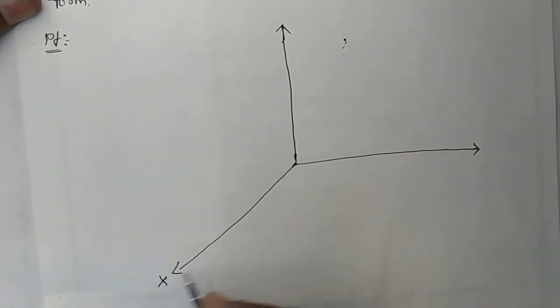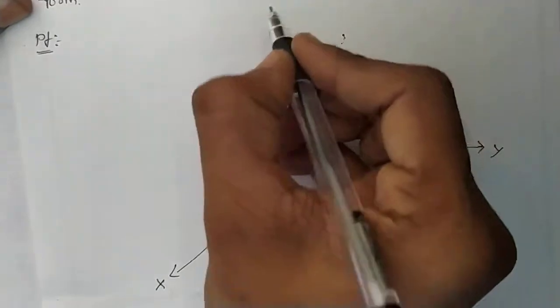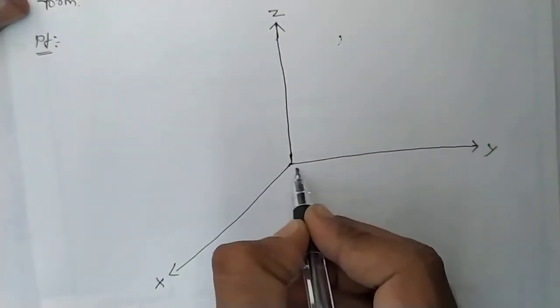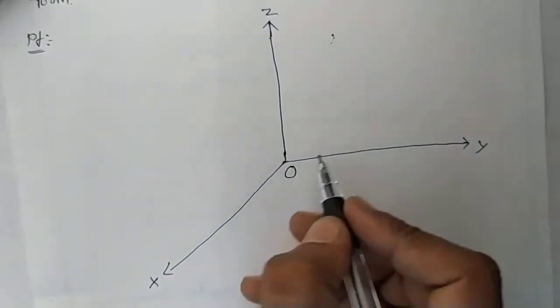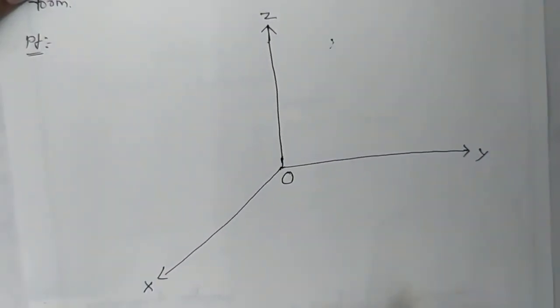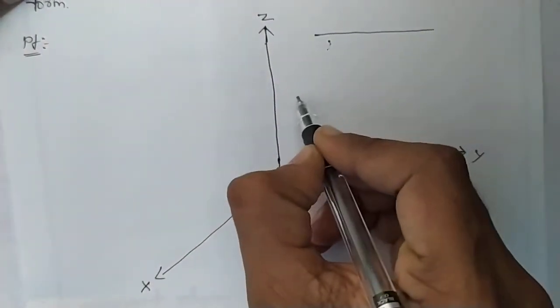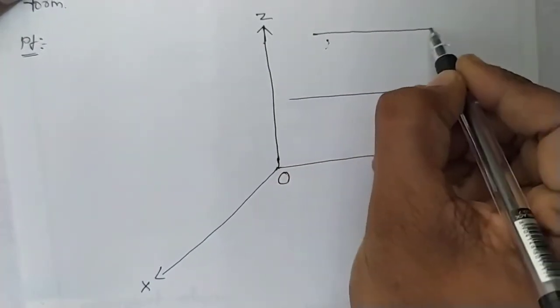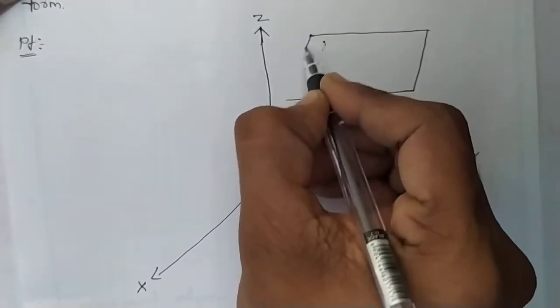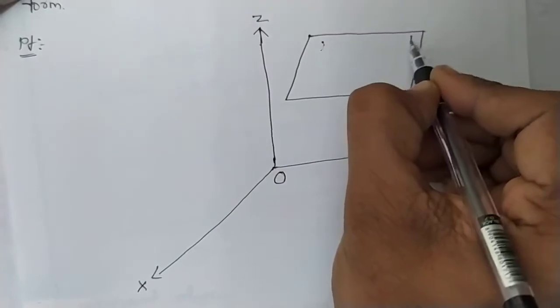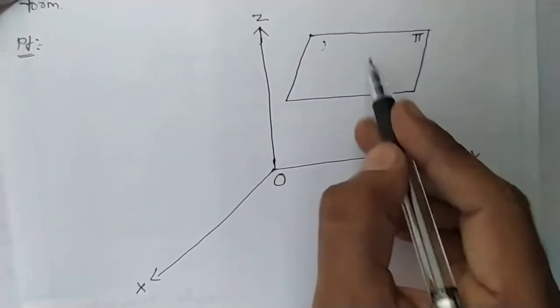It is x, it is y, and it is z. It is the origin. It is the plane. Let us consider that plane will be pi. Let pi be a plane.